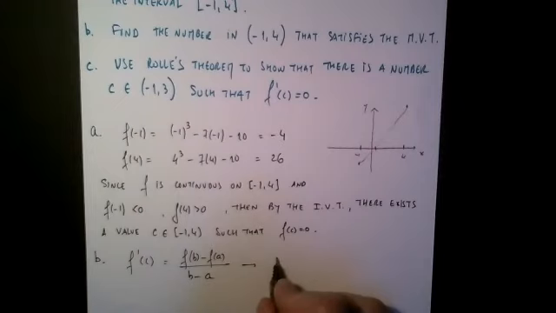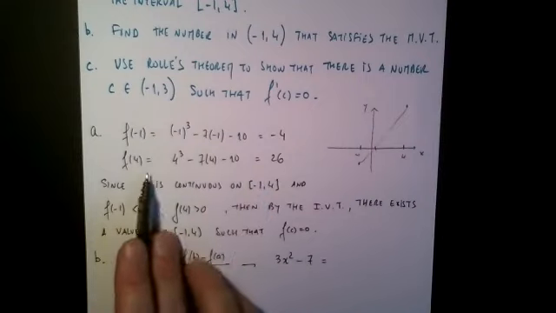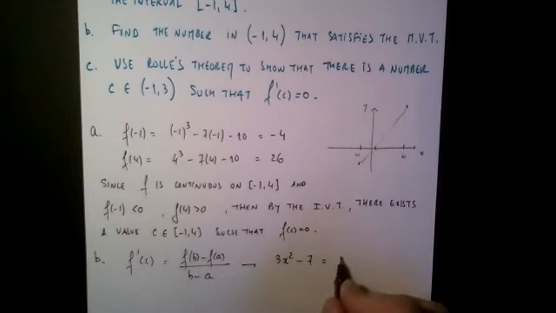It's 3x² minus 7 has to equal f of 4, which is 26, minus f of -1, which is -4, over B minus A, which is 4 minus -1, which is 30 over 5, which is 6.